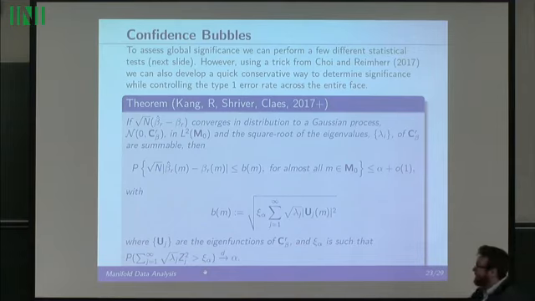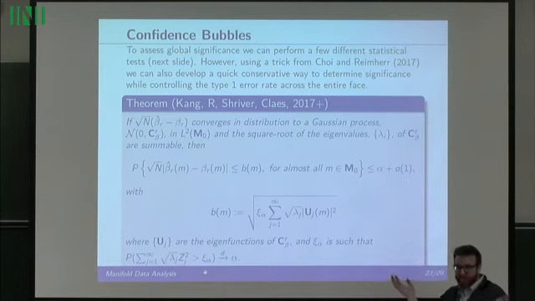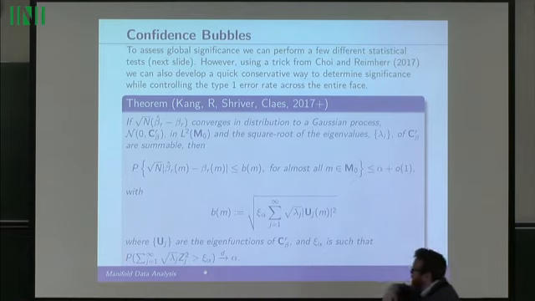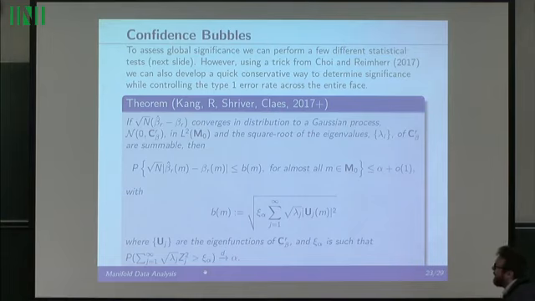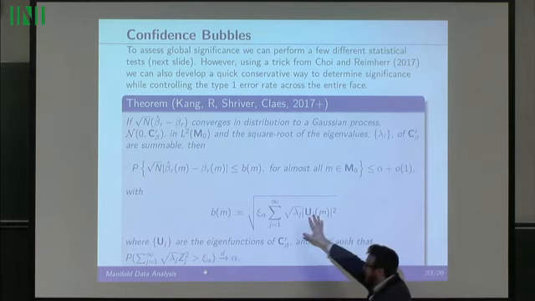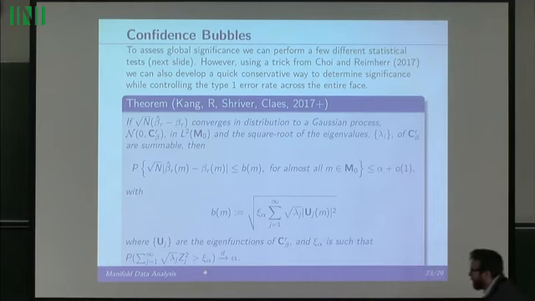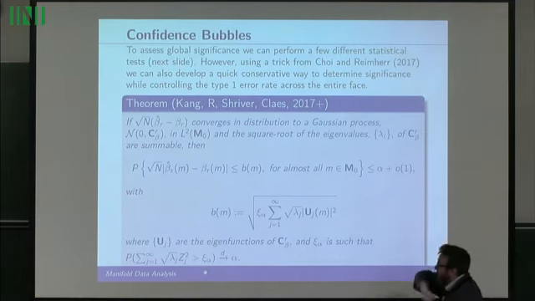However, it doesn't matter how many points you observe across the face, they'll still control the type 1 error simultaneously across the entire face. The only thing you really need is that these beta hats converge in distribution to a Gaussian process, and that you can get a hold of their covariance. Then you can take this covariance and build these pointwise bubbles, and you can actually get simultaneous control of the type 1 error if you care about this.